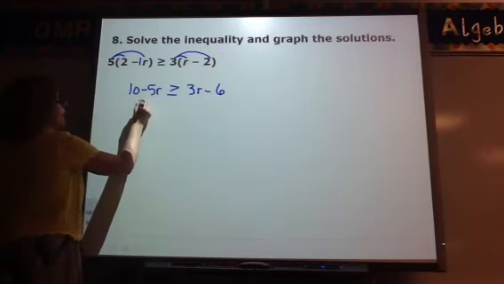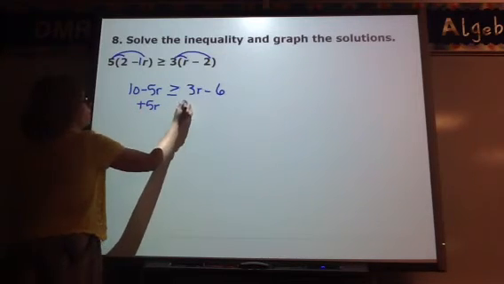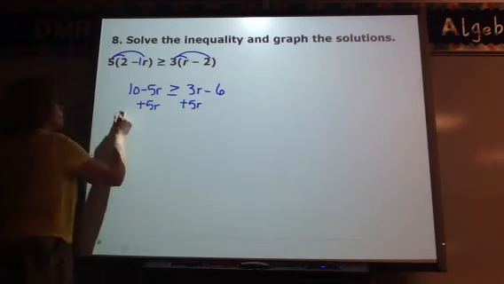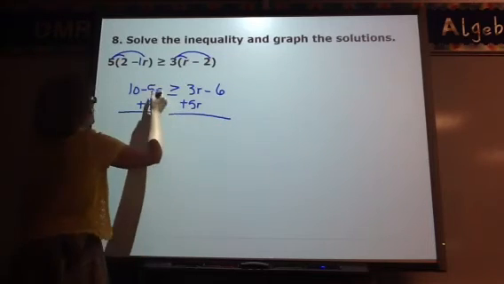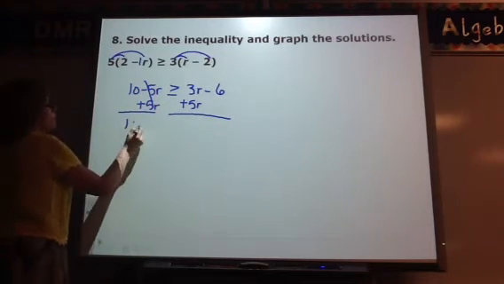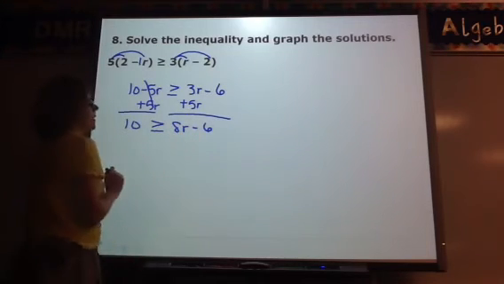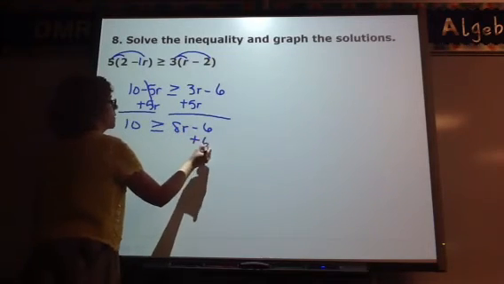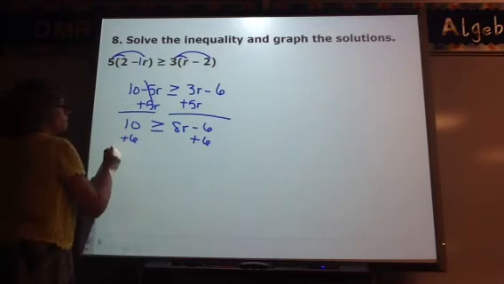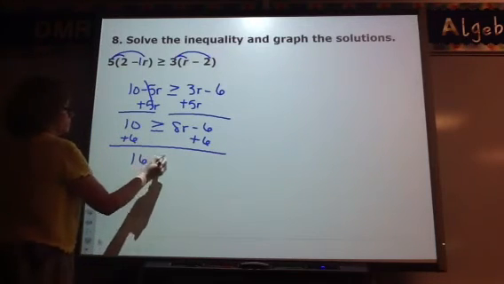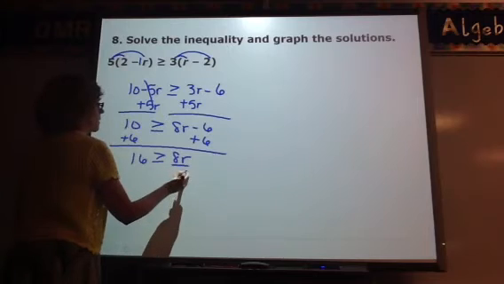Okay, so let's add 5r to the right side. This cancels out, so I have 10 greater than or equal to 8r minus 6. Inverse of subtraction is addition. Divide by 8.